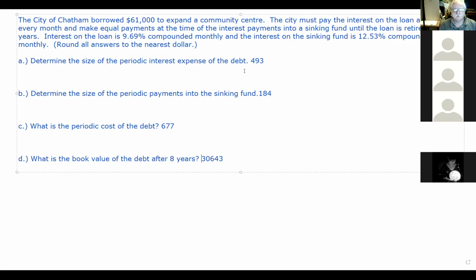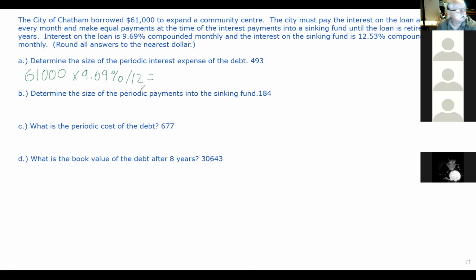So we know the debt is 61,000. And we know they're paying 9.69% on it. So times 9.69%, but it's compounded monthly, so divided by 12.